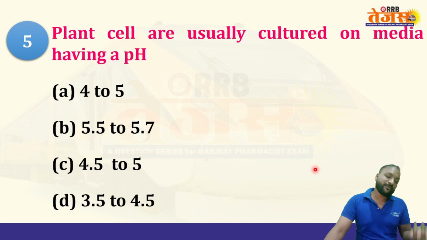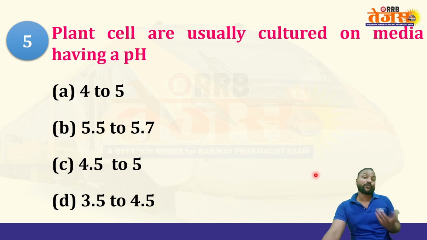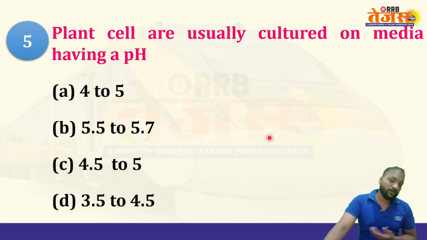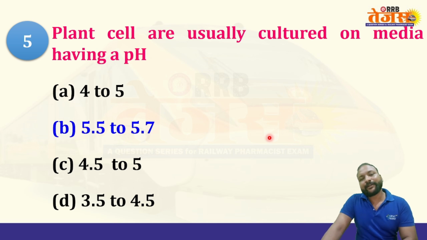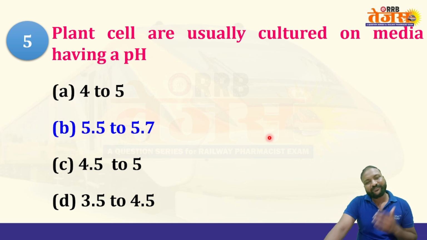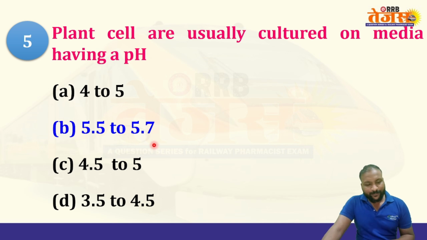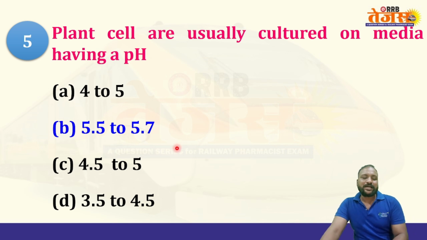Some are acidic pH, some basic, some neutral. There is no basic pH here, only neutral and acidic. But preferably 5.5 to 5.7 is required for plant cells usually cultured on a medium. So 5.5 is more or less neutral.